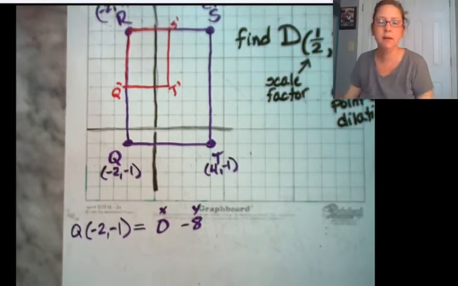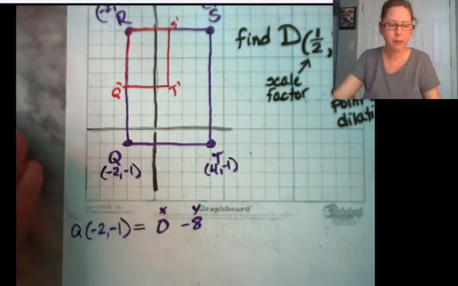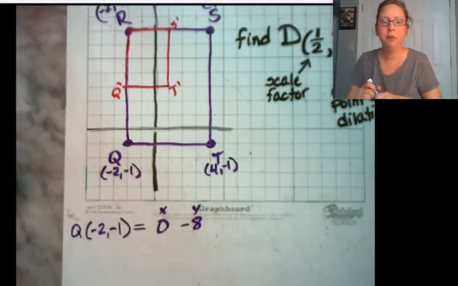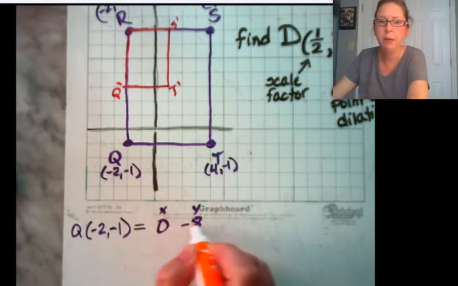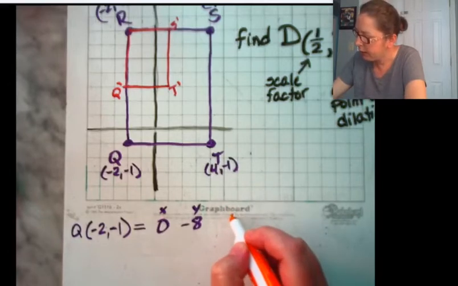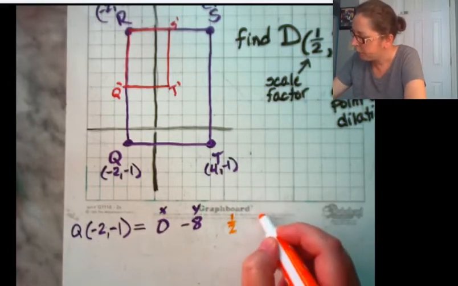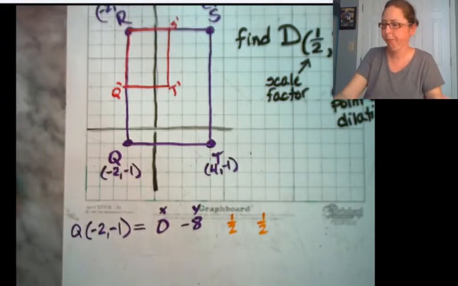Okay, that's step 1. Step 2 is to determine the scale factor from here. So what is 0 times 1/2? What is -8 times 1/2?